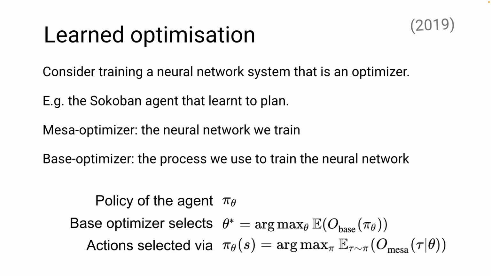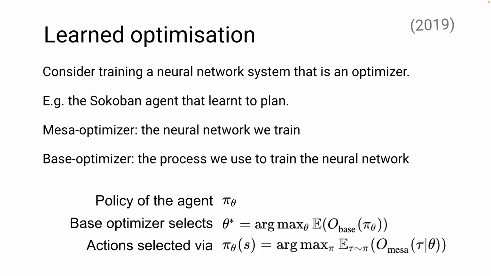I thought I'd put some equations that display this for those of you who enjoy equations, but it's not really necessary. The core ideas are in this example, and I'll show more examples on the next slide. Let's say that the neural network we're training has parameters theta, and that we can express the policy of the agent in terms of those parameters theta. There's some learned policy.